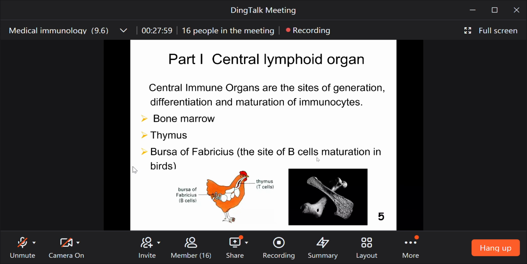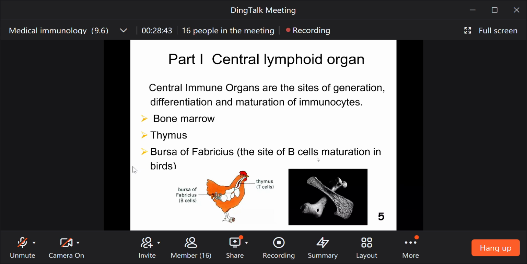Why do the birds have no bone marrow for the B cell maturation? Because I think in birds the bursa of Fabricius is the site of B cell maturation rather than bone marrow. Maybe the birds weakened the bone marrow in the course of evolution to reduce the weight for flight.